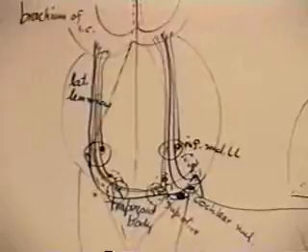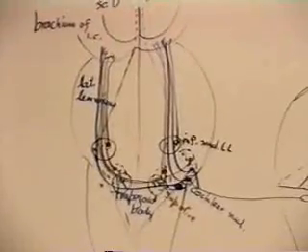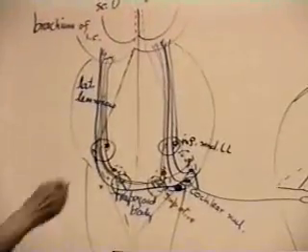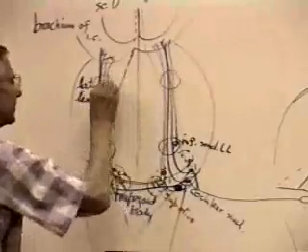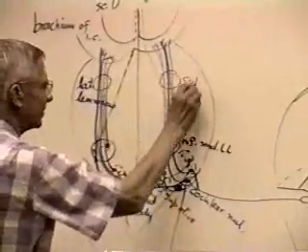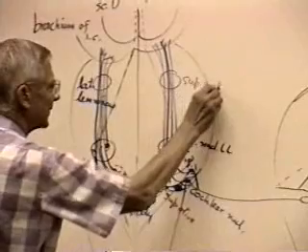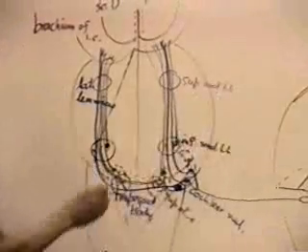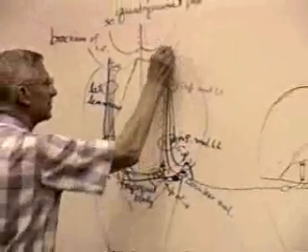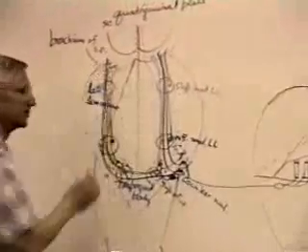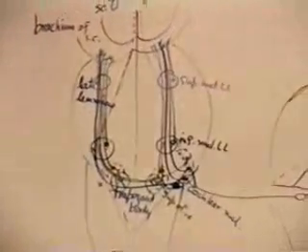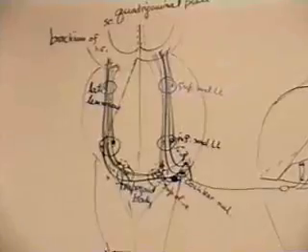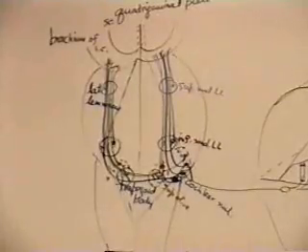And then we have a superior nucleus of the lateral lemniscus, which is going to do the same thing, having received collaterals from all the others that are coming past.